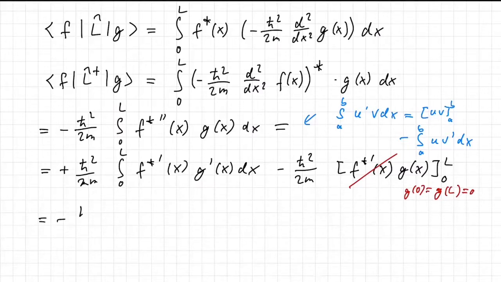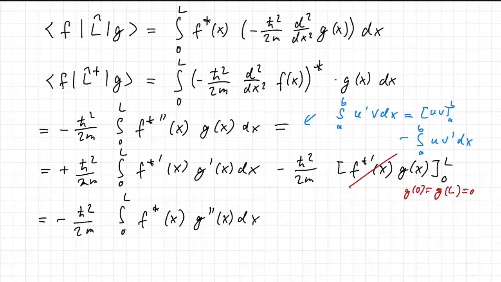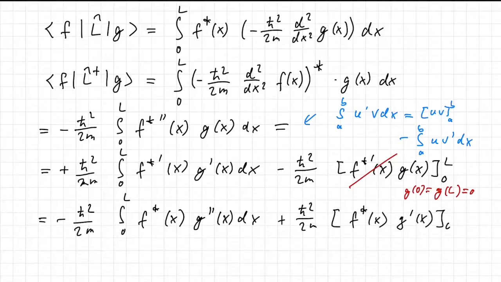Then I get minus h bar squared over 2m, integral from 0 to L, f star of x g double prime x dx, plus h bar squared over 2m, and then the boundary terms of f star of x g prime of x from 0 to L. And here, again, we can use now the fact that f of 0 equals f of L equals 0, to make use of the fact that this boundary term is vanishing.